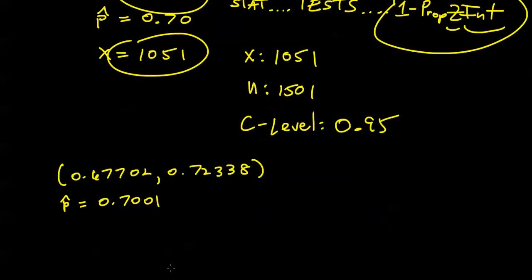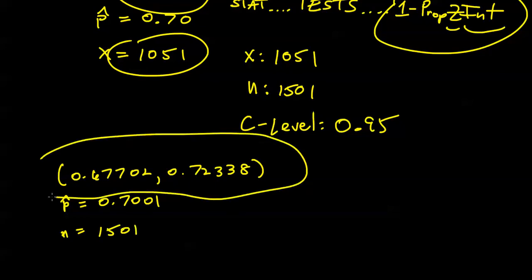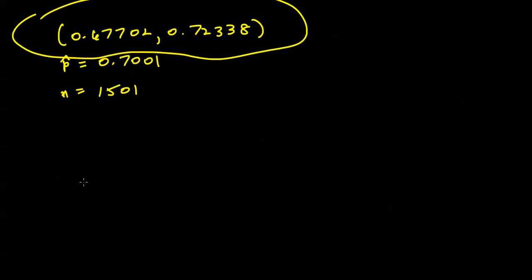Well, I suppose we already knew that. It also returns a sample size, 1501. Of course, this is the item we're interested in. This is going to be my confidence interval estimate. How I'm going to write it, and how I'll ask you to do it on test day, is like this.